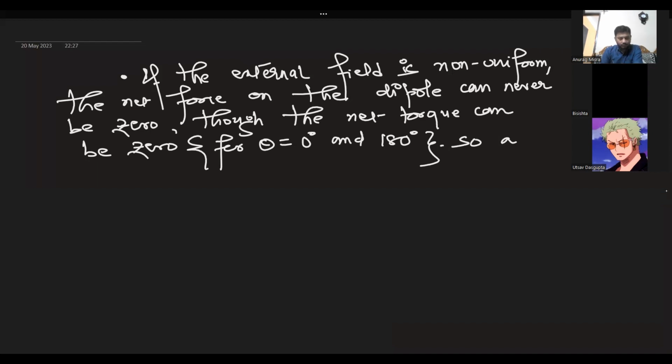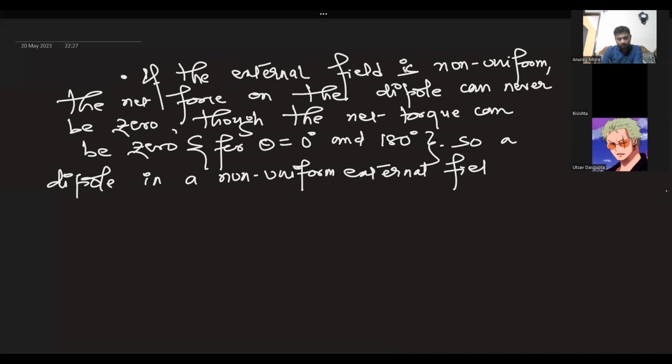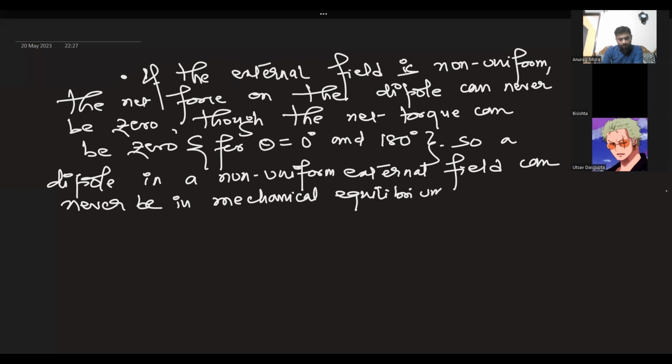So a dipole in a non-uniform external field can never be in mechanical equilibrium, though partial equilibrium is possible.